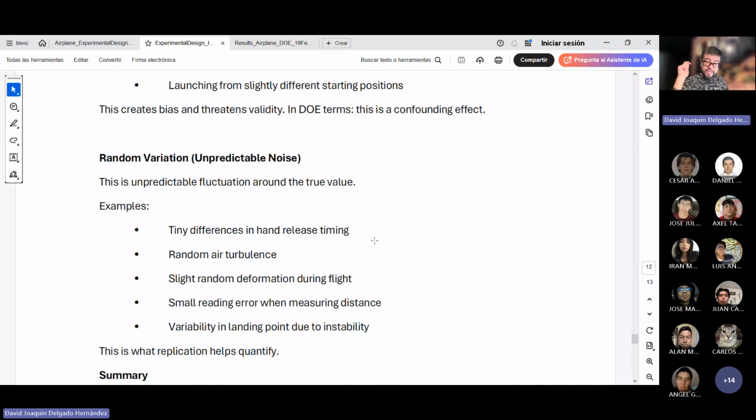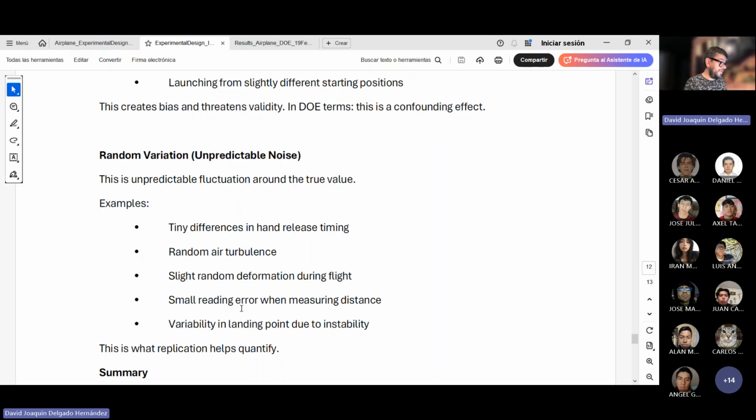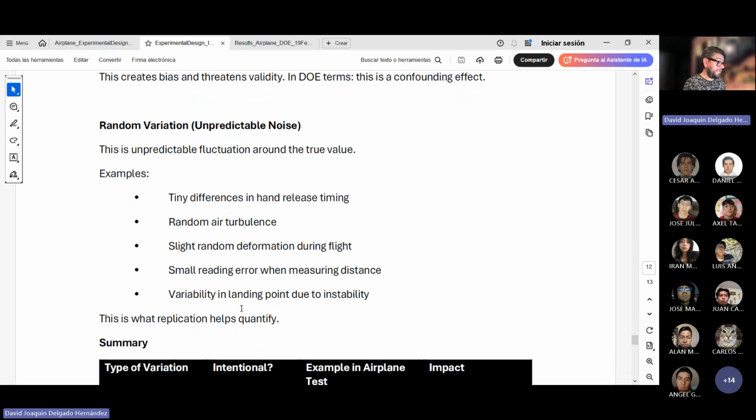So I can throw the airplane very quickly or very, very slowly. Random air turbulence, slight random deformation during flight, small reading error when measuring distance, and variability in landing point due to instability.